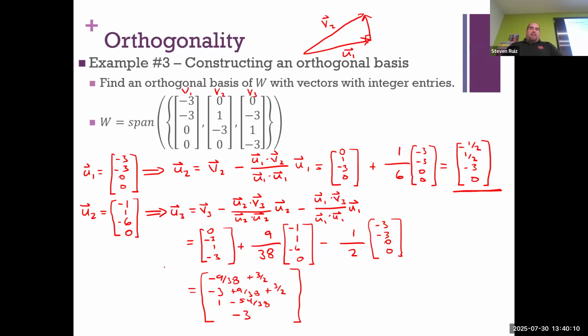Is there a similar scaling I can do to solve the same problem here? What are the denominators I have to worry about? 38 and 2. So what can I multiply by to get integers from there? I could do 76. That would definitely work. 38 also works, since 38 is even, it'll cover the things that are halves as well.